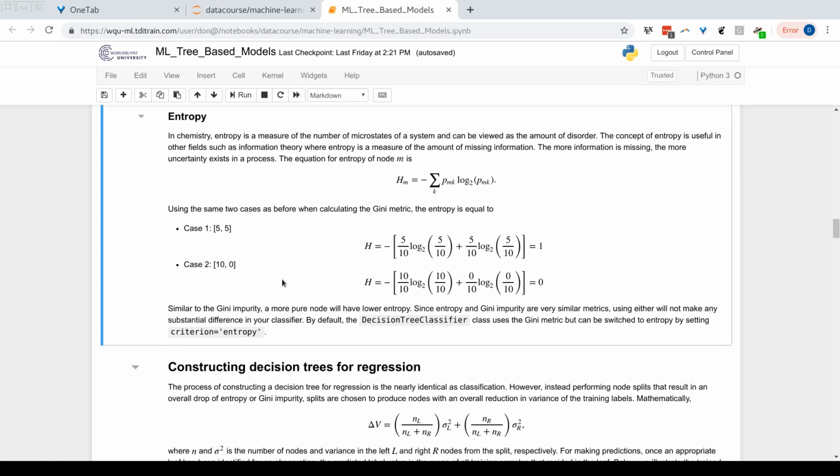Now, there aren't many differences between Gini impurity and entropy. In fact, we can go ahead and modify them. We can view them as a hyperparameter to our model. And using one or the other isn't going to create too much difference in the performance of our classifier.